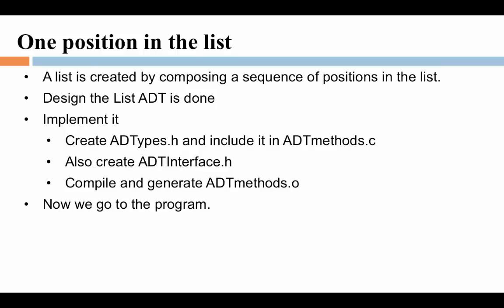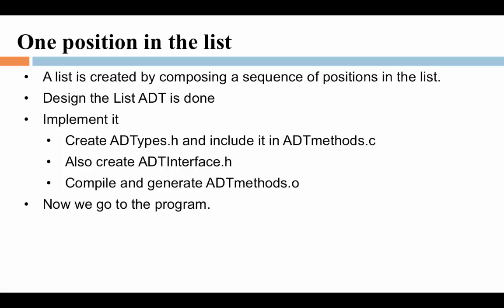Then for a programmer to use the data type, we are going to create an interface file, which is another header file, and then by including these interface header files, we will be able to use the abstract data type, which is described in types.h, and the appropriate access methods and the maintenance methods, which are defined in ADT methods.c.